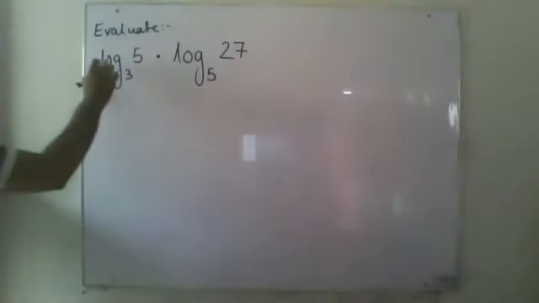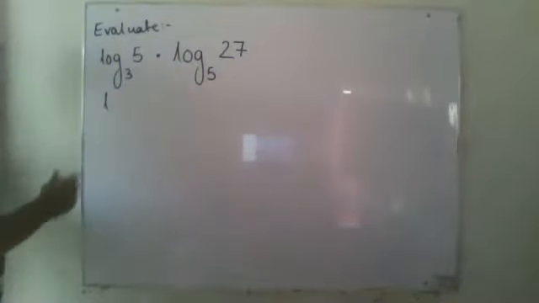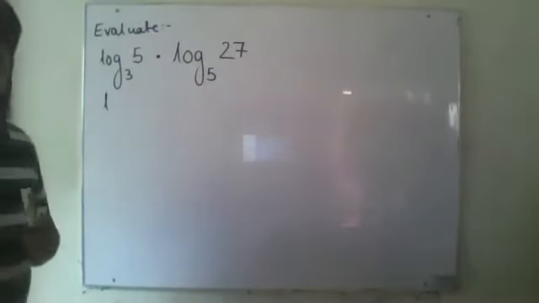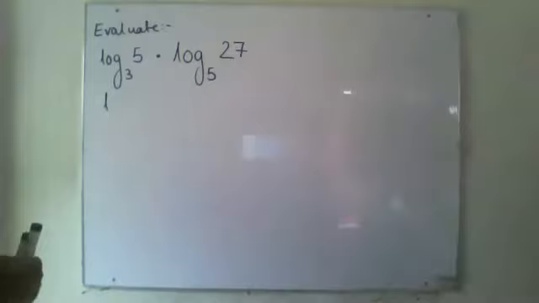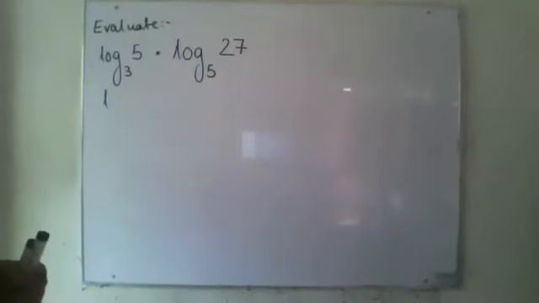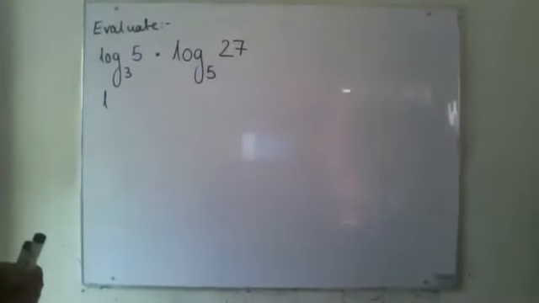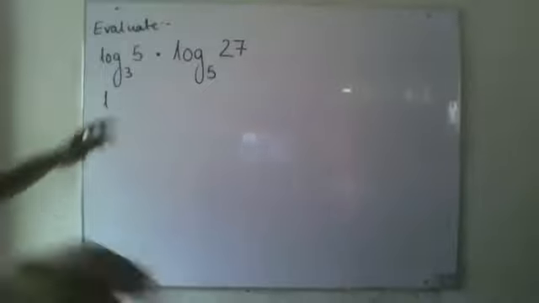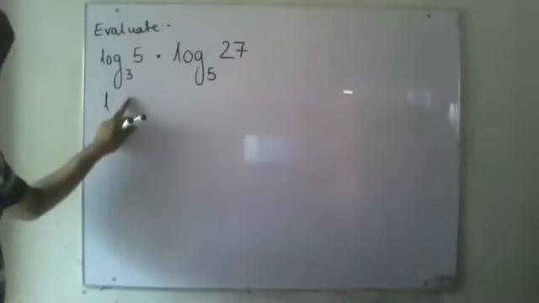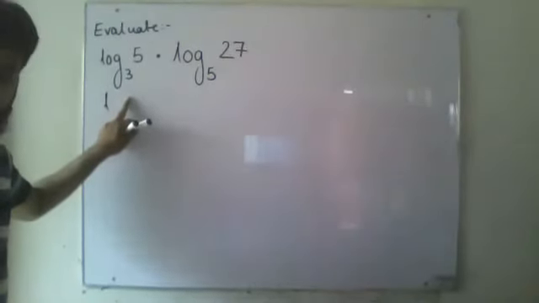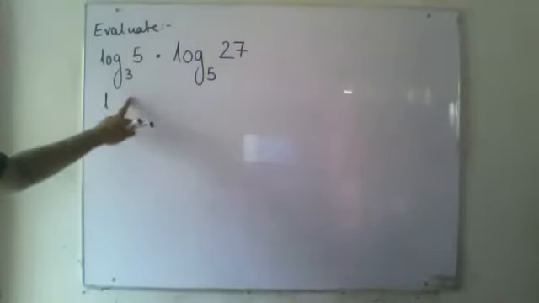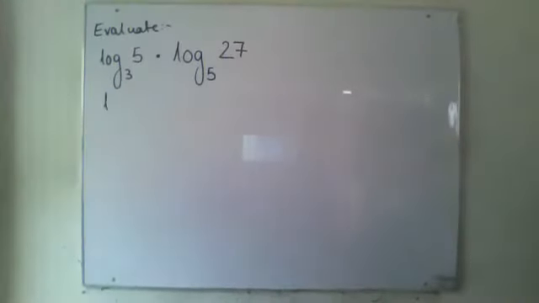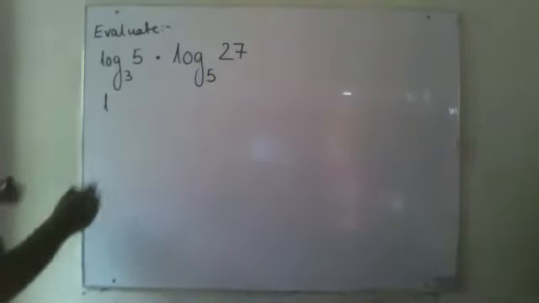Okay, so I'm using the change of base rule, in which we can change the base according to our need. I can change the base according to my wish and bring a new base over here. So I'm going to use that formula.